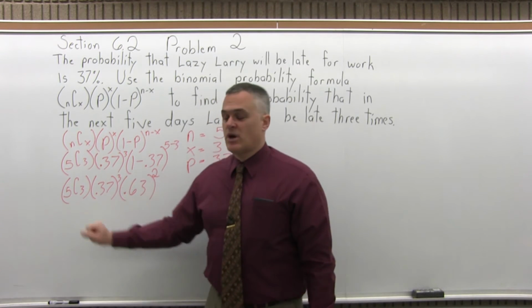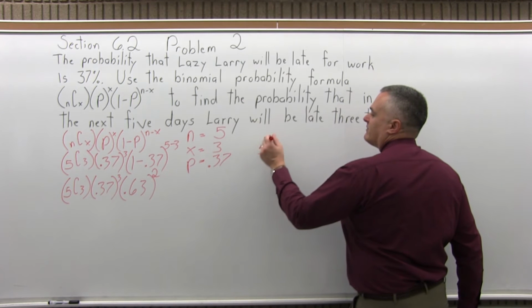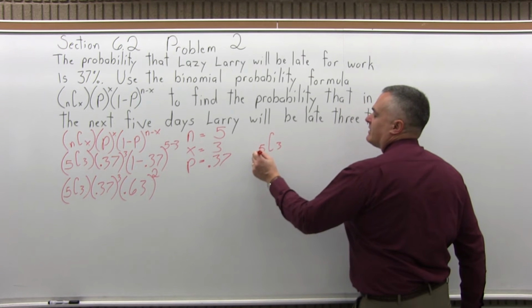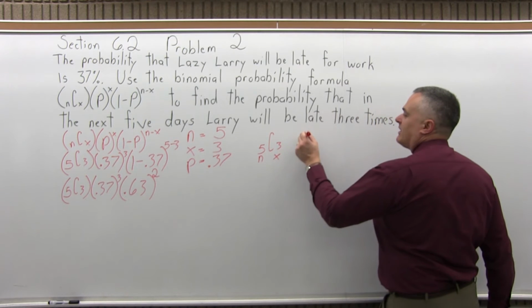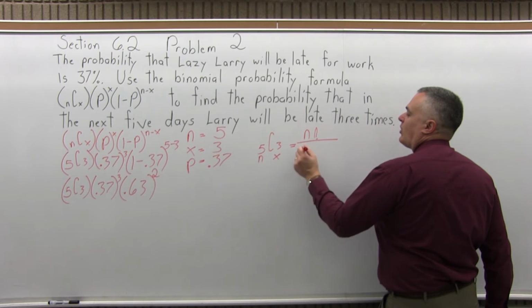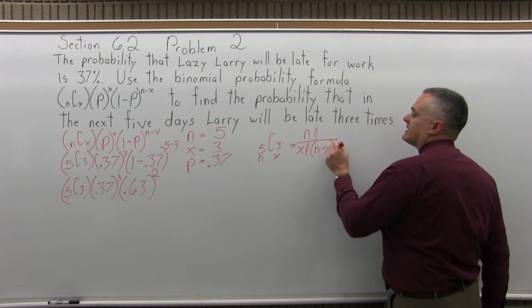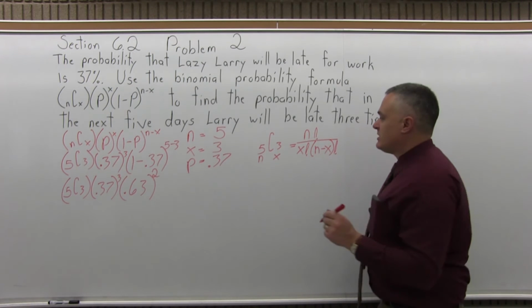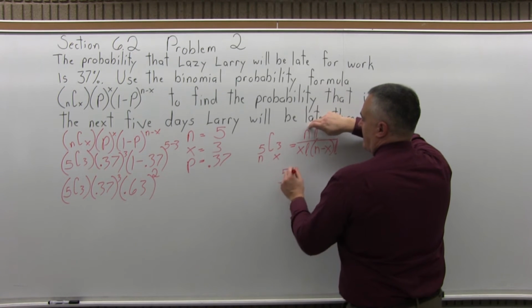So let's start with 5 combination 3. Let me come off to the side, and I will have 5 combination 3. And again, the 5 was from n, the 3 was from x, and the formula for combination is n factorial over x factorial times, in parentheses, n minus x factorial. So as you fill this in, n factorial is 5 factorial.